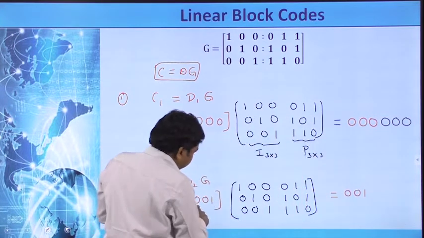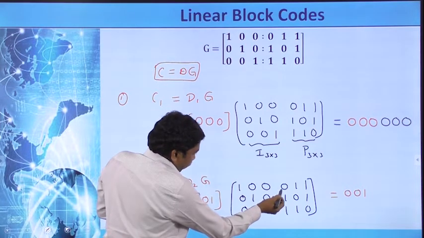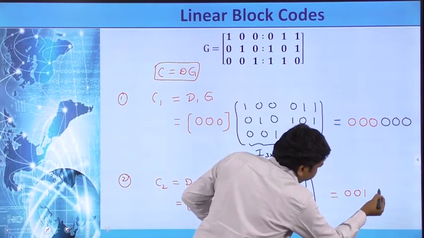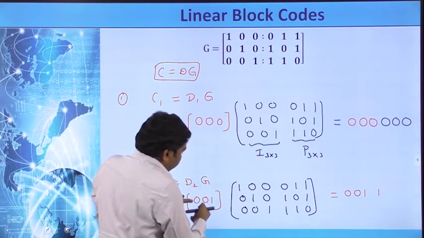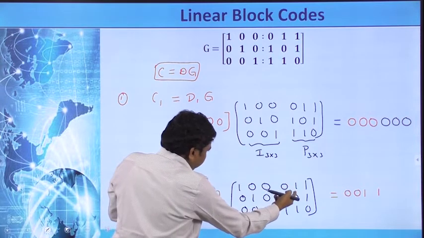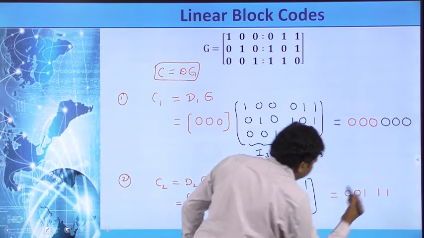Whereas you multiply this row with the 4th column. That means 0 into 0 is 0, 0 into 1 is 0, 1 into 1 is 1. Look at this one. This row is multiplied with the 5th column: 0 into 1 is 0, 0 into 0 is 0, 1 into 1 is 1.